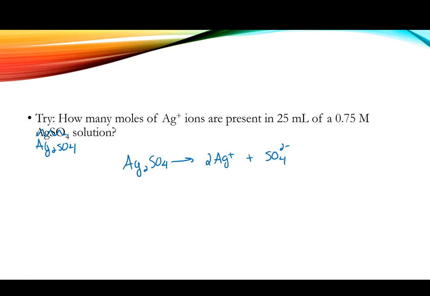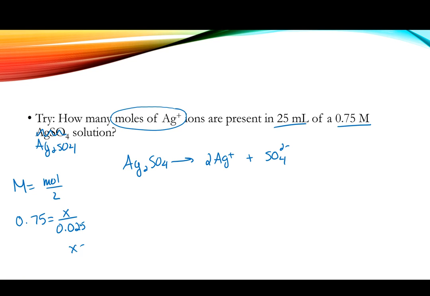I have 25 milliliters of a 0.75 molar solution, and it's asking me to find moles of silver. So based on what I'm given, I know that my equation is going to be the molarity formula, moles over liters. So I have 0.75 molar equals X over 25 milliliters, which is 0.025 liters.